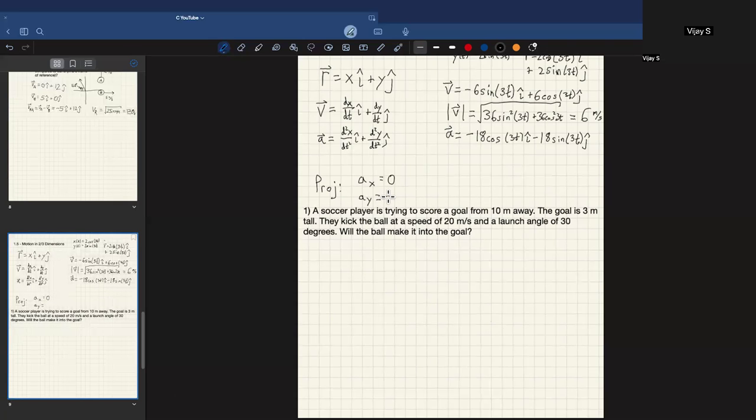Remember that g itself is inherently positive, so you have to say negative g to indicate a downward acceleration. Another way of writing this in our lovely i hat j hat notation is just negative g j hat: magnitude g in the j hat direction, downwards.